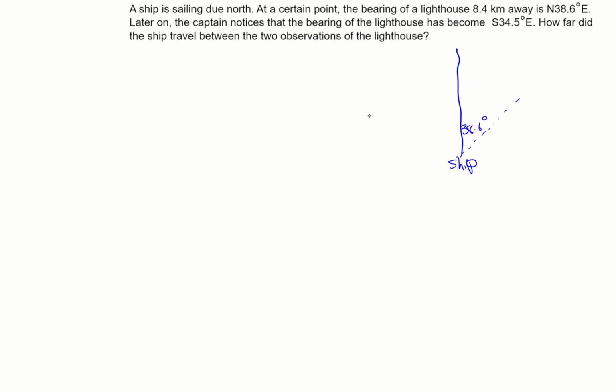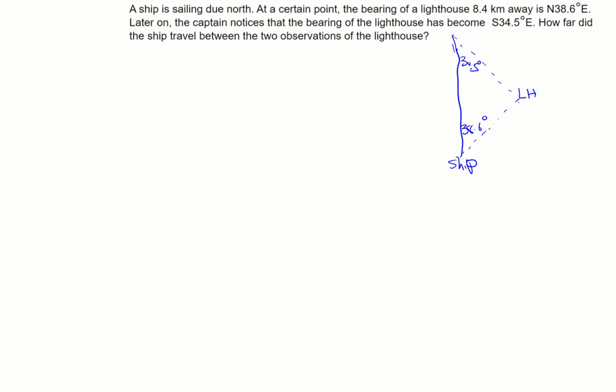And then here's the lighthouse, and then later on it keeps traveling north and then spots the lighthouse, this time at south, so the bearing is south and then 34.5 east. So it will look something like so.